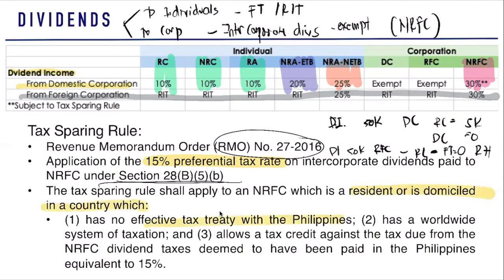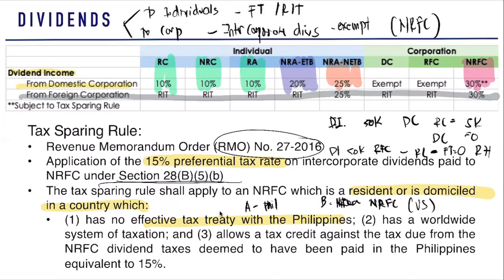So for example, A corporation, B corporation. A corporation here is the Philippine corporation. B corporation is the non-resident foreign corporation, NRFC. Now let's say A, of course, Philippines, and B is a US corporation. Now, if there is an effective tax treaty with the US, so a treaty between the Philippines and the US, therefore, tax sparing rule will not apply.